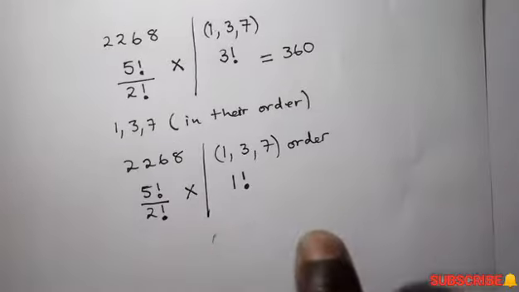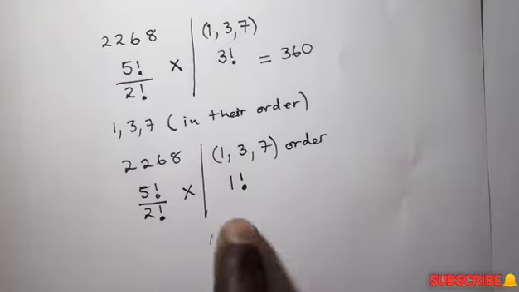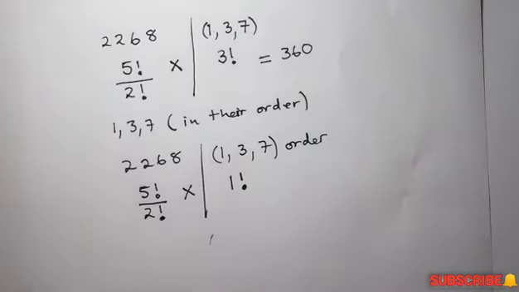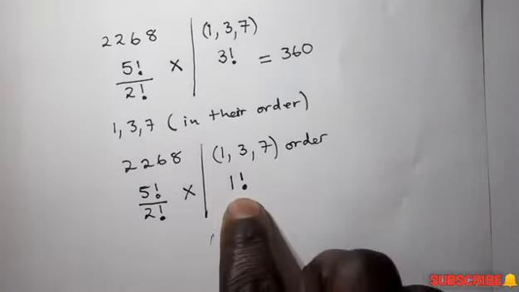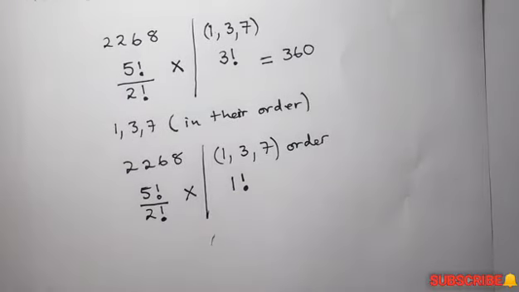But this question, if it comes stating that in their order, it means 1, 3, and 7 are not going to be given a room to shuffle each other. I hope you are listening, class. Hence, 1, 3, and 7, they remain the same. So you write it in one way. That's why I have placed 1 factorial.